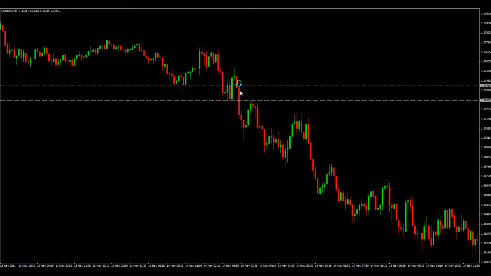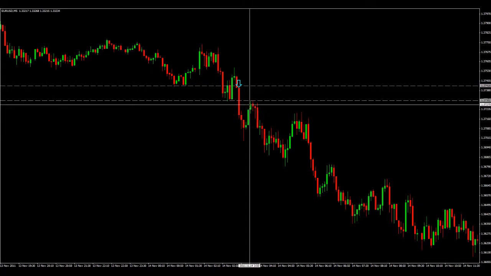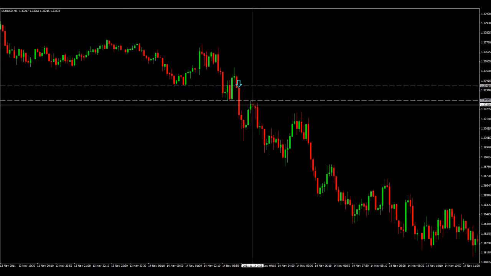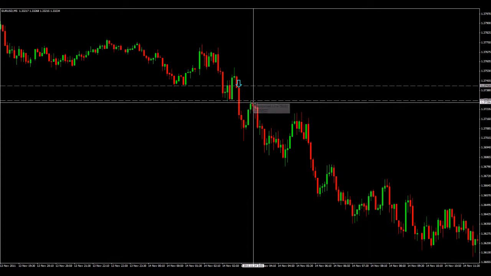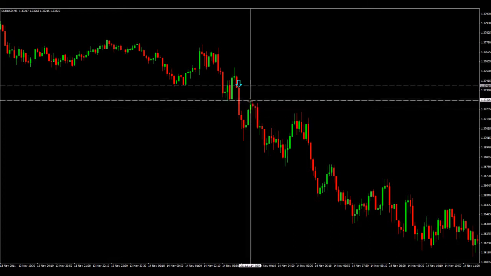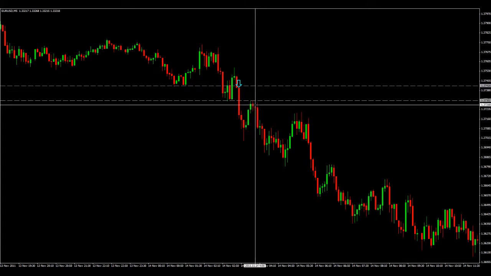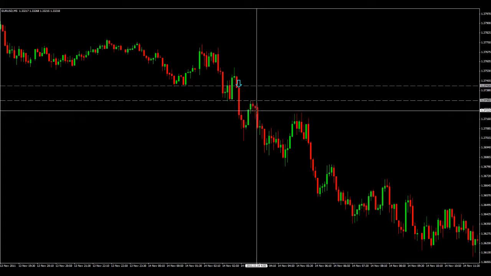We've got a pretty good move down, and as you can see, we've got a pretty good move back up, which had a wick that came up and touched this level. So that's the first good sign. Then we had another wick that came back up and touched this level, and again it did not break that support level right there. And we had another candle that moved back down.